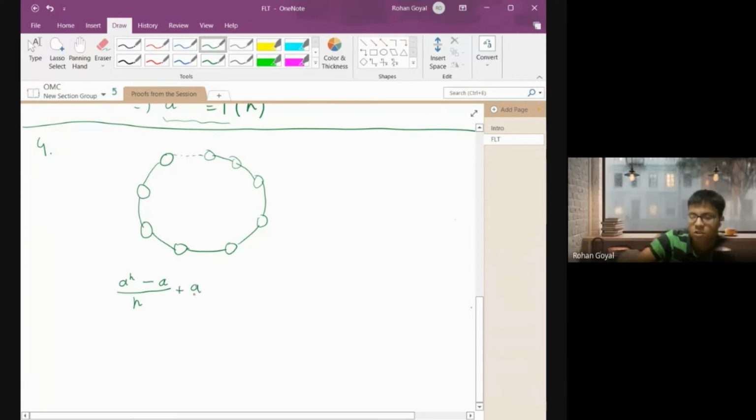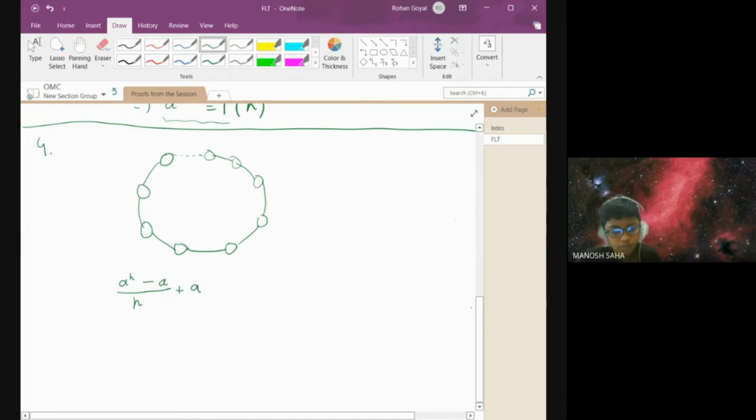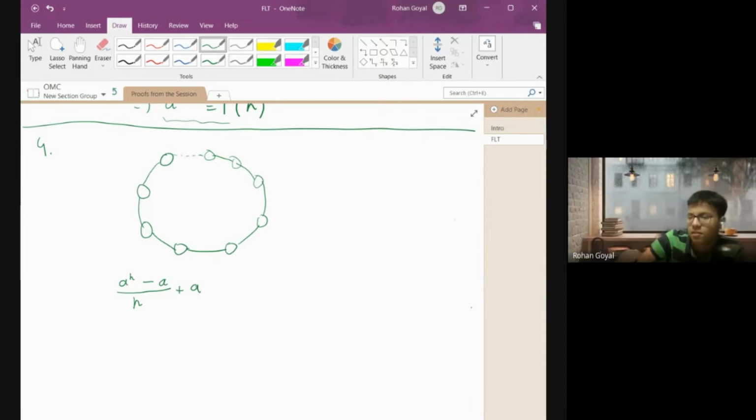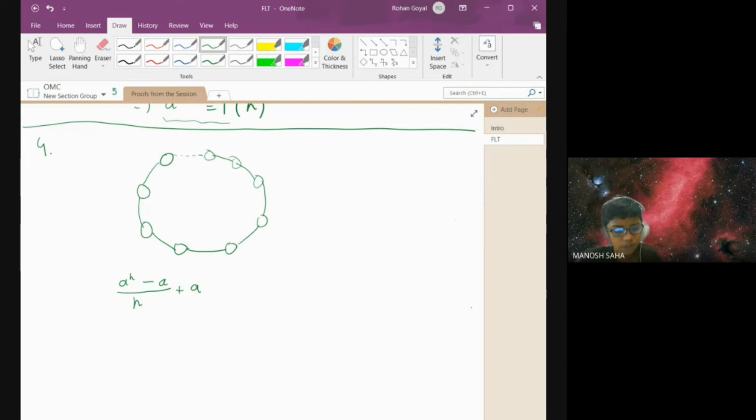Plus a. You shouldn't forget that. Right now we are just counting the number of necklaces. So this should be an integer. So a to the power p minus a over p has to be an integer. So that will just give us the proof. Yeah, that's it.